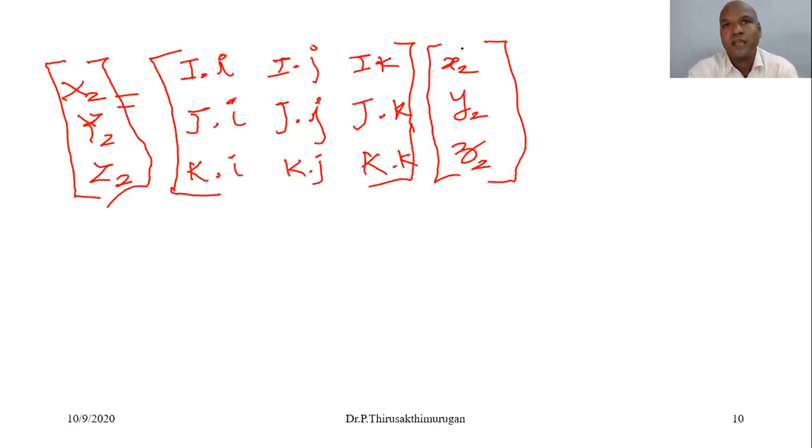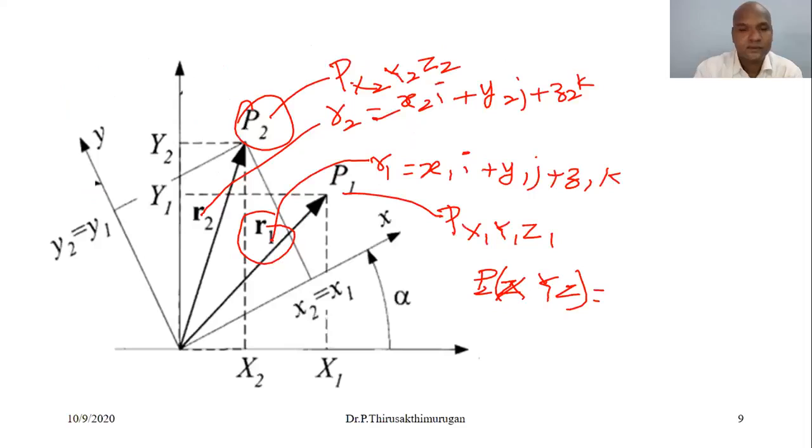I along the x-axis, capital I also along the x-axis. So I dot I lies on the same axis, so x2 equal to x1. Similarly, the displacement takes x1 to the new x2 because of this position. Clear?